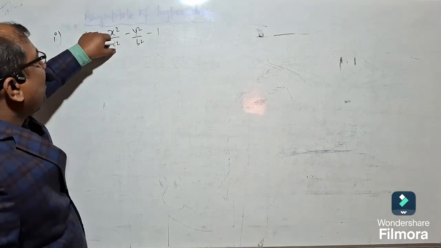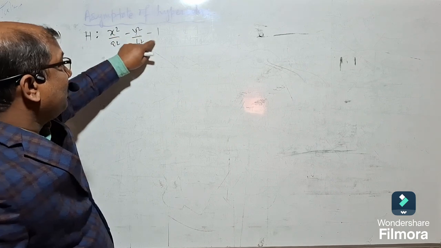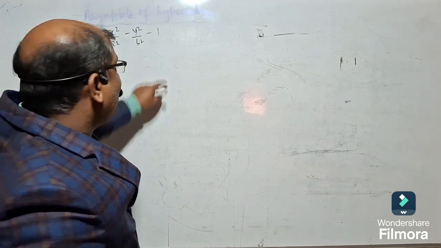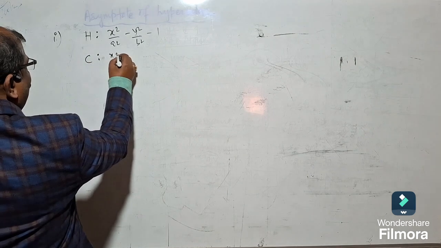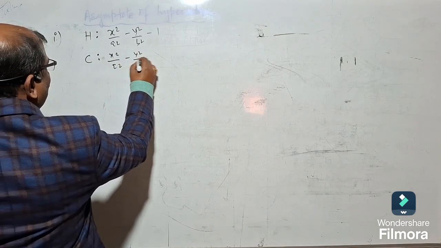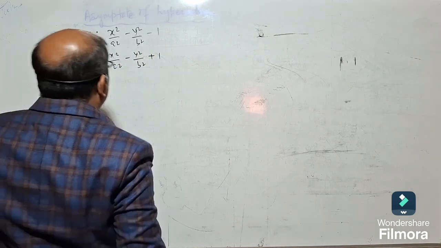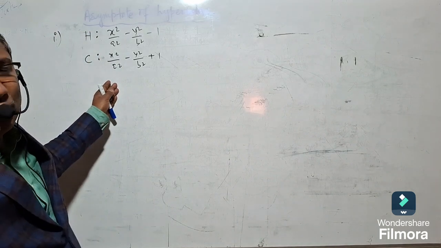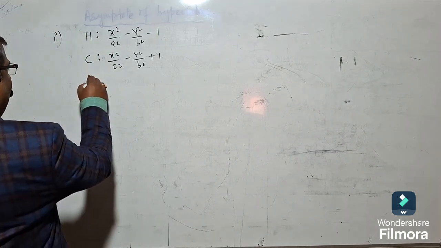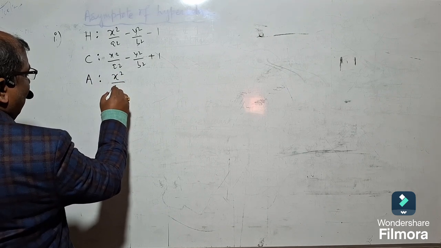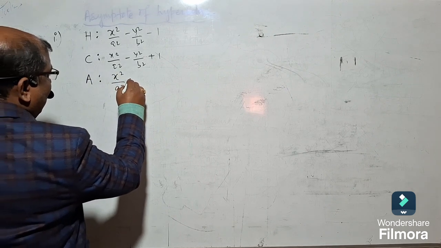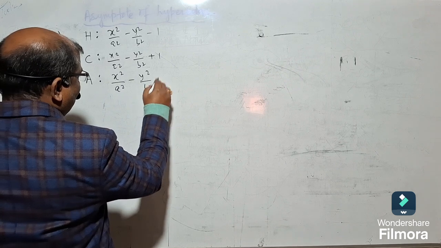Let x square upon a square minus y square upon b square minus 1 be the expression of the hyperbola, and x square upon a square minus y square upon b square plus 1 the expression of the conjugate hyperbola, and we get the expression of the asymptote as x square upon a square minus y square upon b square.